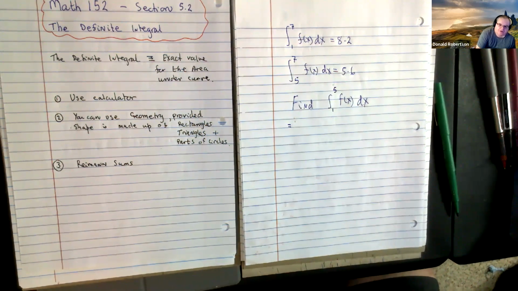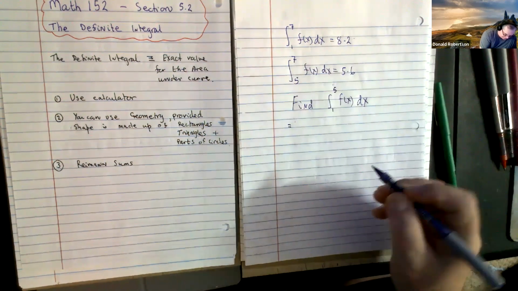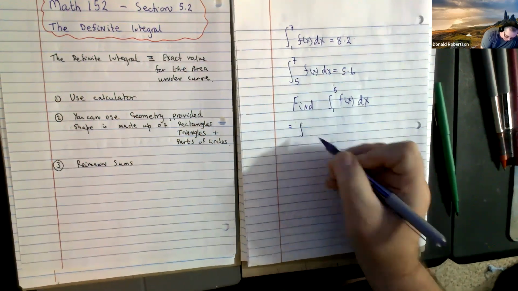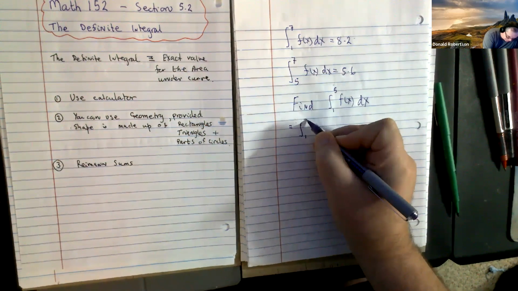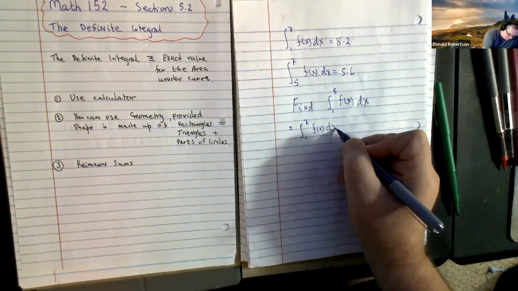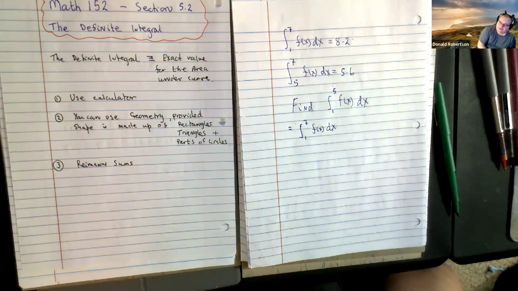It's not a trick question, actually. It's pretty straightforward. How would I find the area from 1 to 5 using just these two numbers? Okay, I'd start with that one. There's a clue.